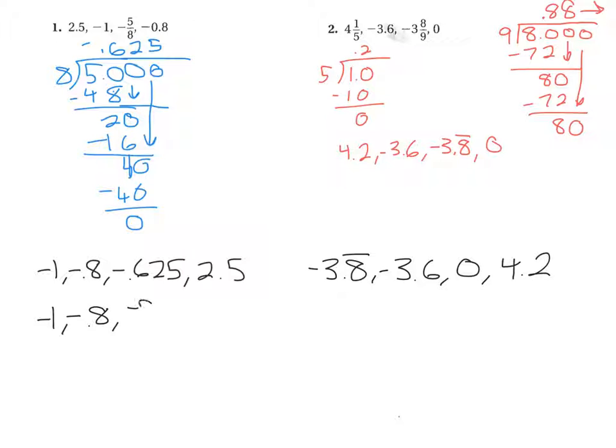So let's change this back to negative 5/8, and we'll change negative 3.8 repeating back to negative 3 and 8/9. Negative 3.6, that's its original form, 0, and then 4.2, remember, was 4 and 1/5. So there are our numbers in order from least to greatest.